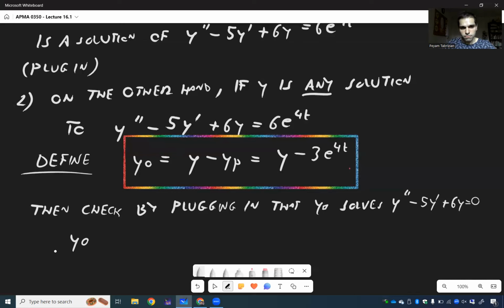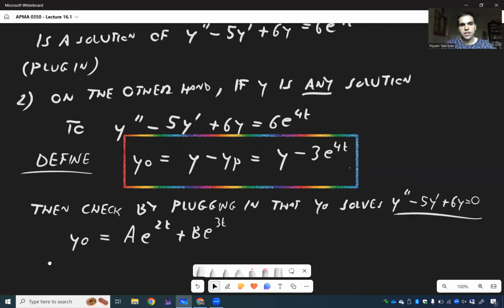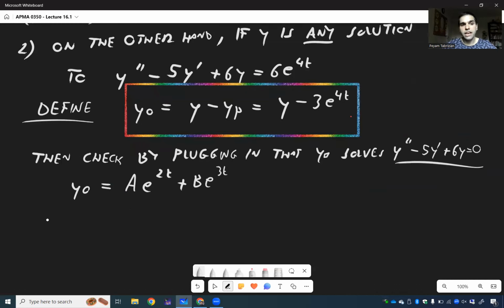And in particular, we know how to solve y double prime minus 5y prime plus 6y equals 0. This simply implies that y0 is ae to the 2t plus be to the 3t. And then we can use the definition of y0. So y minus 3e to the 4t is ae to the 2t plus be to the 3t.